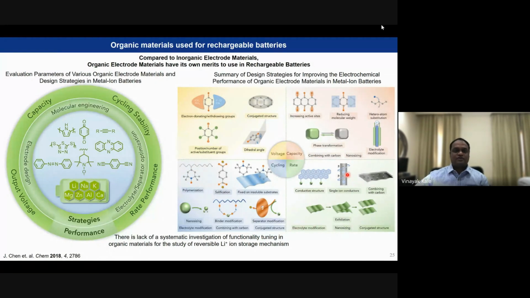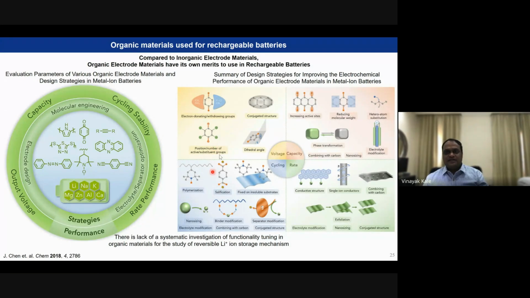For example, we can use inorganic electrode materials or organic electrode materials. Compared to inorganic electrode materials, organic materials have their own merits for rechargeable batteries: they are cheap, abundant, and less toxic.